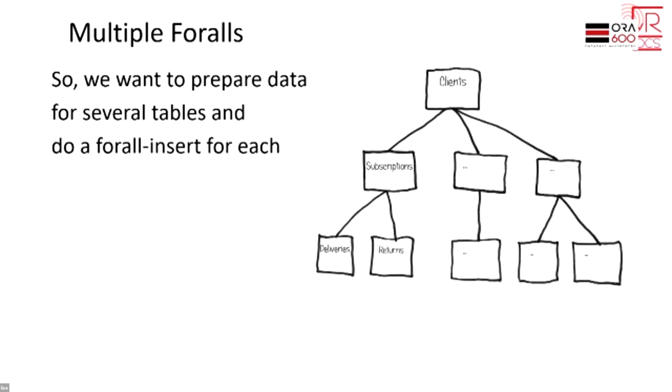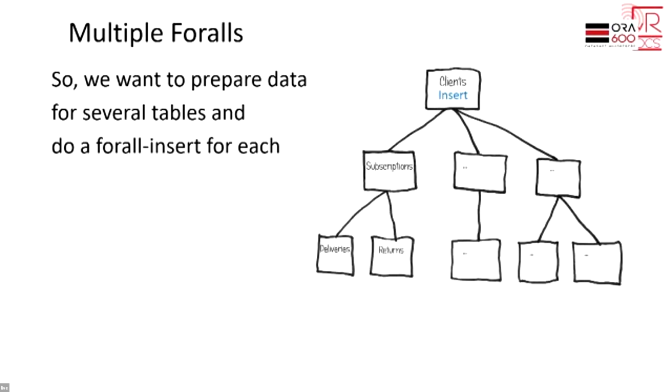And then if something happens, often, not always, but often, you have to clean up what has gone well when something goes wrong, because often there is the requirement that a client, for example, is inserted complete or not at all.